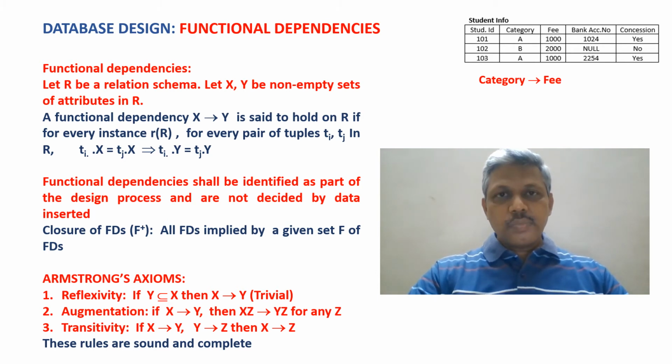Now a functional dependency is said to hold between X and Y, such that X functionally determines Y, if for every pair of tuples Ti, Tj, or T1, T2, that holds on r(R), if the values of the attributes in the set X are the same for the pair of tuples T1 and T2, then it should immediately imply that the values of the attributes in set Y should also be the same for that pair of tuples.